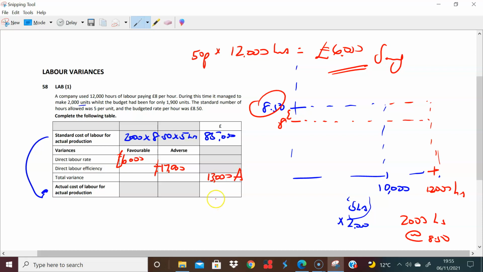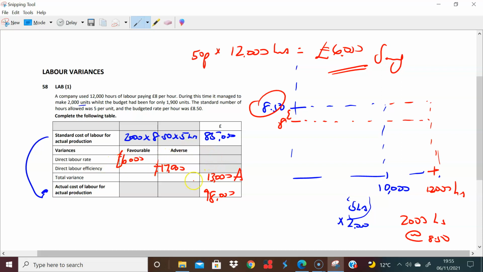Of course, a total adverse variance of 13,000, which leads to the fact that you should have spent 85,000 and you have an adverse variance of 13,000, which is the difference between the two, and therefore this ends up being 85 plus 13 is 98. So you have £98,000, which is your actual cost.